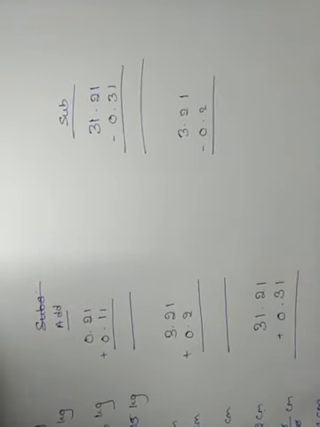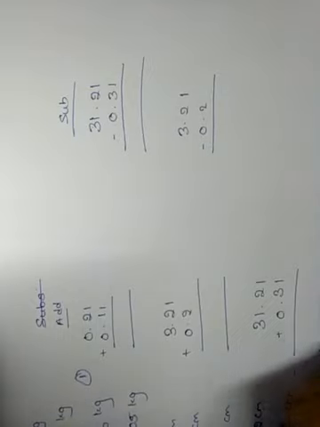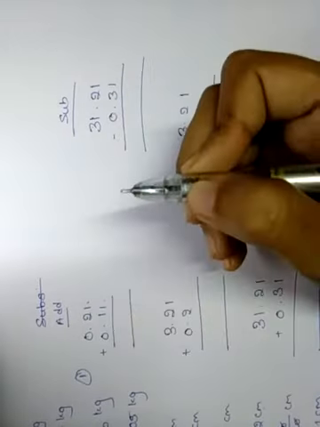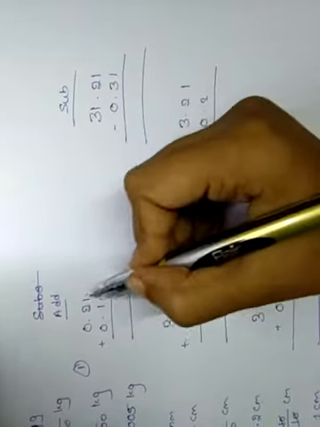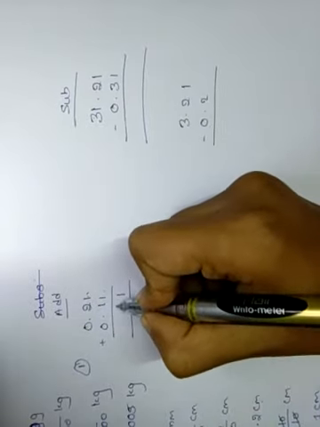Now we'll learn how to add two decimal numbers and how to subtract two decimal numbers. First we'll learn how to add two decimal numbers. Here I have taken two decimal numbers. Now we'll add this. 1 plus 1, 2. 2 plus 1, that is 3.